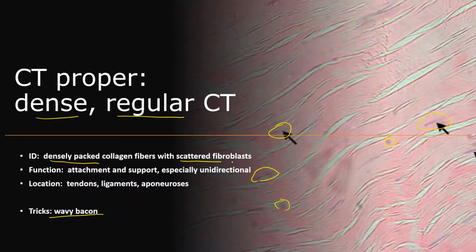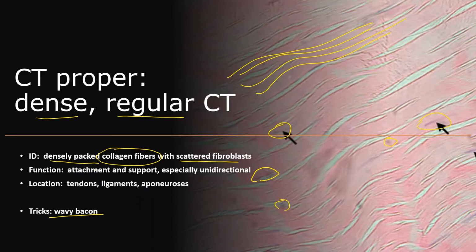So we see scattered fibroblasts, but mostly here I see these pink ropes forming these waves across most of the screen. Those are collagen fibers. So when we see dense regular connective tissue, we're saying that the collagen fibers run in a regular pattern. They're all kind of running the same way. They're wavy, but they're still all running the same direction.